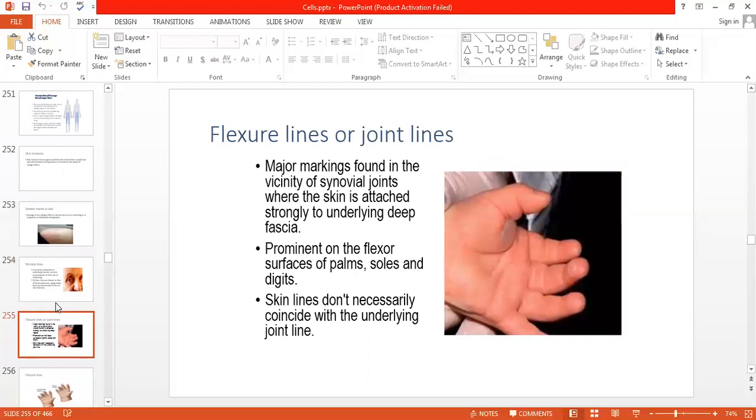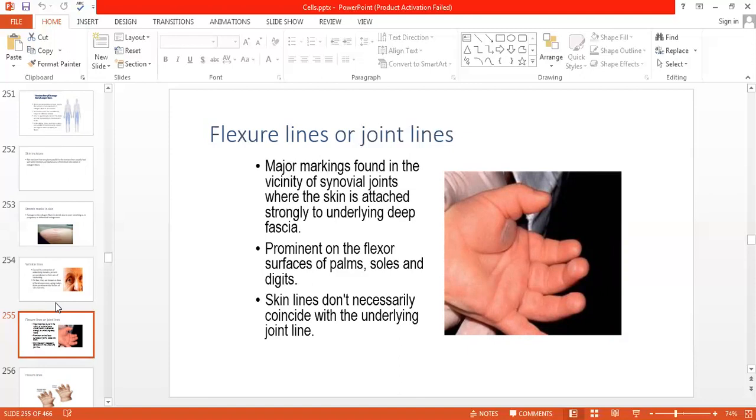Flexural lines, or joint lines, are major markings found in the vicinity of the synovial joints where the skin is attached strongly to the underlying deep fascia, prominent on the flexor surface of the palm and shoulder region.